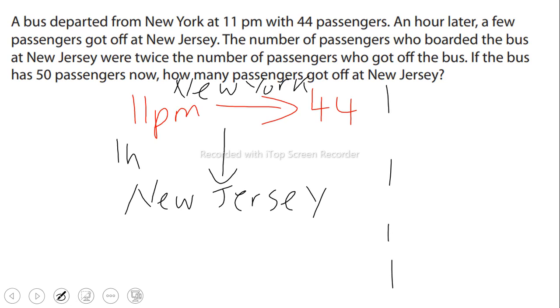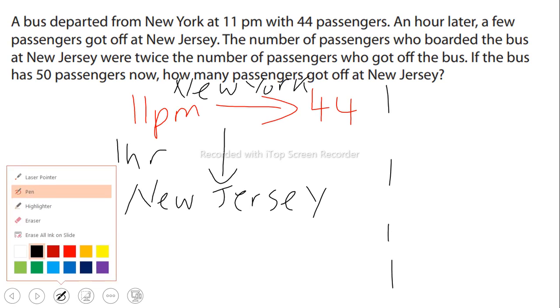And just 1 hour later, a few passengers got off. The number of passengers who boarded the bus at New Jersey were twice the number who got off the bus.